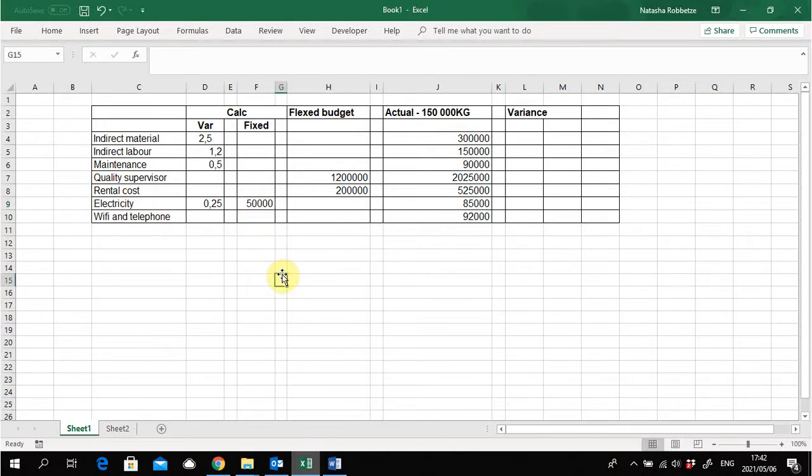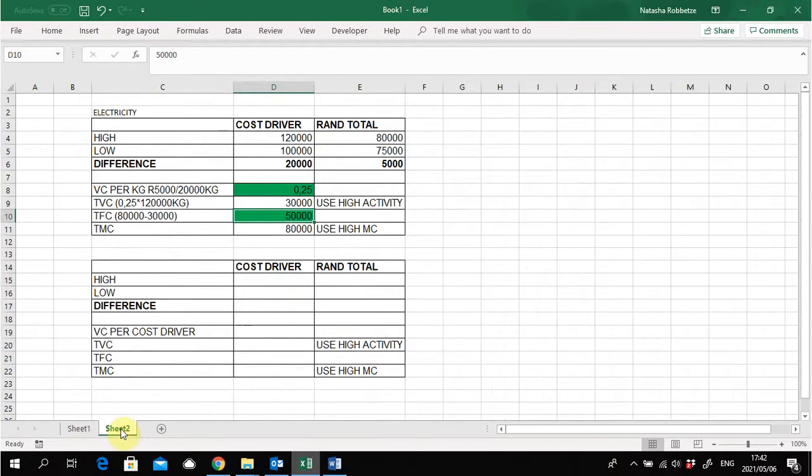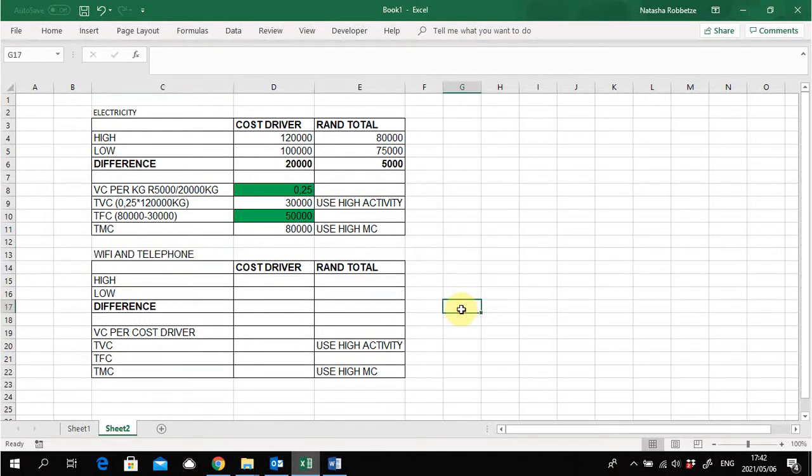Then moving on to the Wi-Fi and telephone accounts, I'm going to now have the same calculation process that I am going to repeat, but this will be for Wi-Fi and telephone. So for Wi-Fi and telephone, I am going to again fill out the cost drivers. The highest one was 120,000 kilograms.